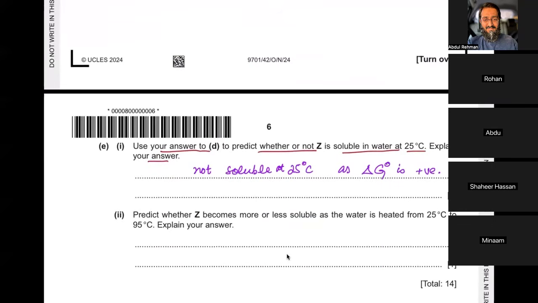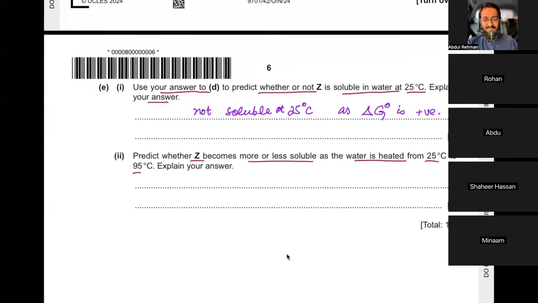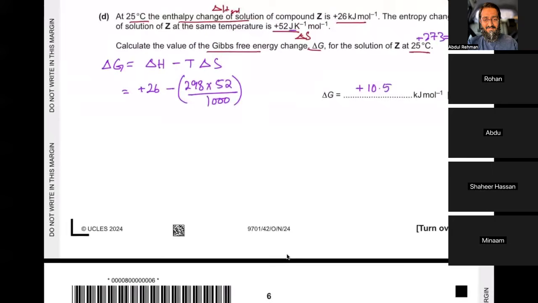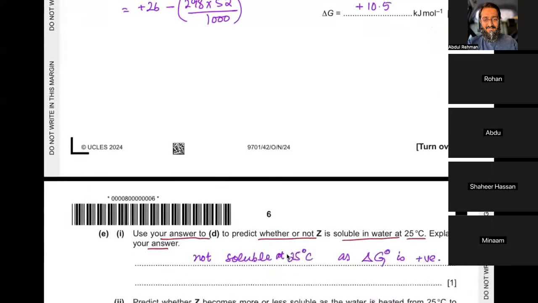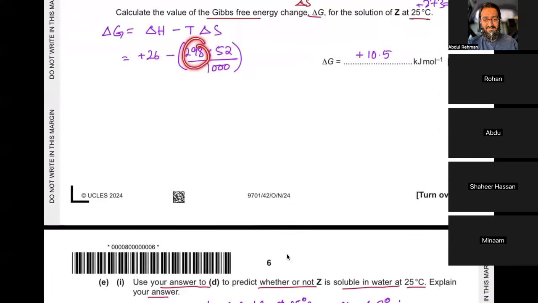Now, last part, predict whether Z becomes more or less soluble as water is heated from 25 degrees Celsius to 95 degrees Celsius. Okay, so if we do so, see delta H minus T delta S. So what you are going to do, see, instead of 298, this value is going to be raised.